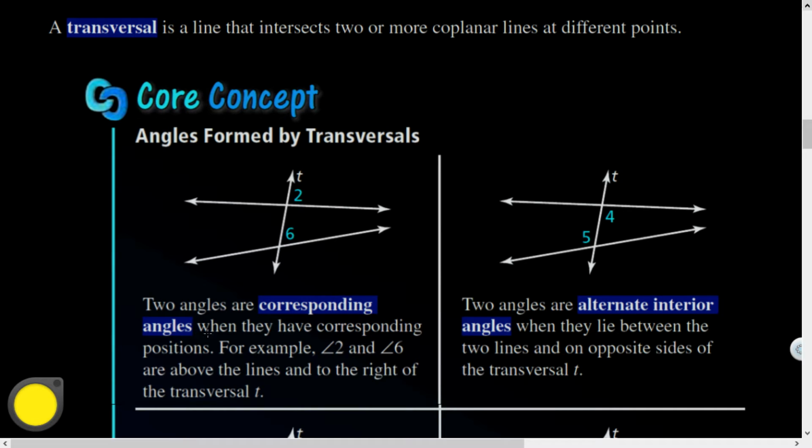Corresponding angles. Two angles are corresponding angles when they have corresponding positions. That seems like not a definition since you're using the same word. But corresponding angles, notice that I've got two intersections here, right? Two intersections. And the northeast quadrant, so to speak, of each of those intersections are angles 2 and 6. Those are corresponding angles. From the perspective of those intersections, they're in the same quadrant, so to speak.